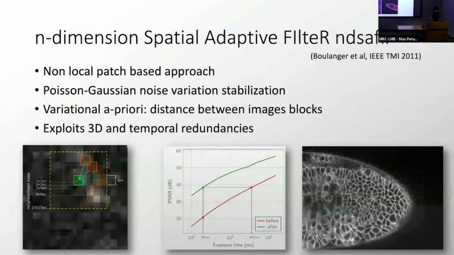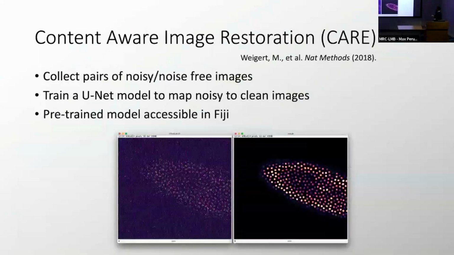Here are some more recent techniques to do this kind of thing, such as CARE, for example, where you collect a pair of noise-free and noisy images and train a neural network to predict a noise-free image from a noisy image. Here we have the problem of having to collect this image pair in advance. There has been a next iteration where you can use noisy images to train a network.